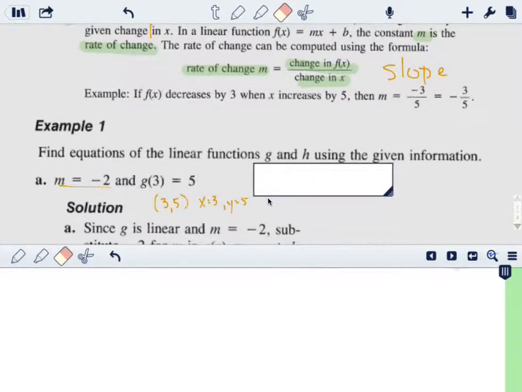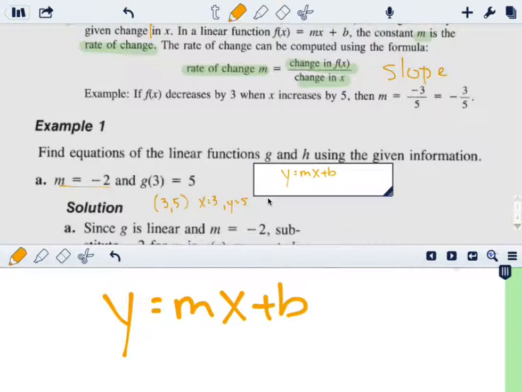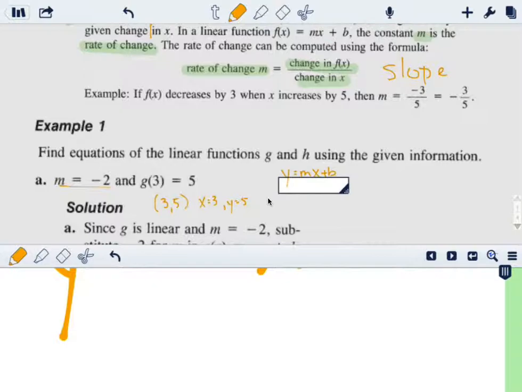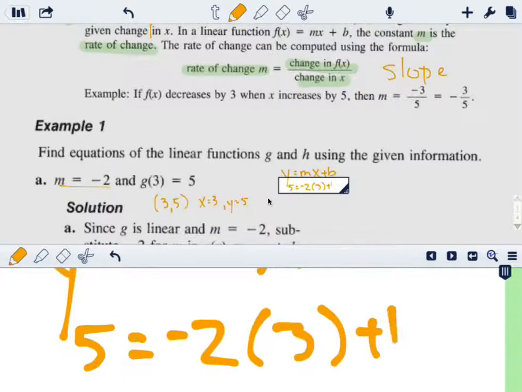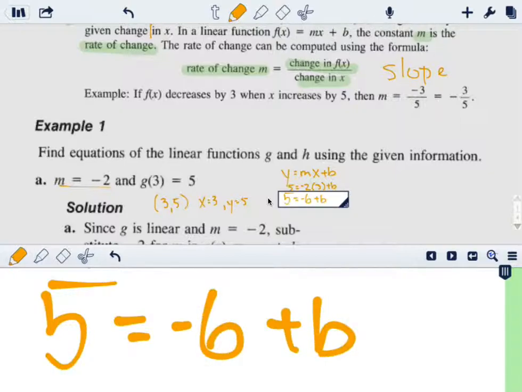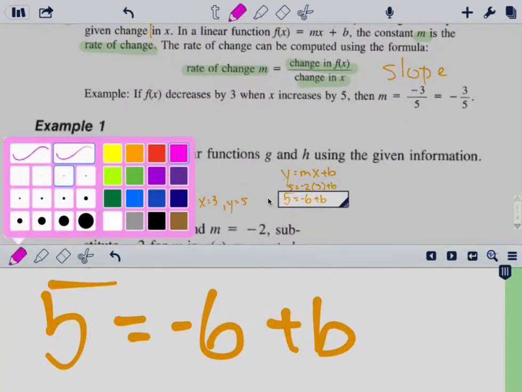All right, so we do this the same way we did before. y equals mx plus b. If that's y, then y is 5, m is negative 2, x is 3, plus b. 5 is equal to negative 6 plus b. And then how do we solve that?